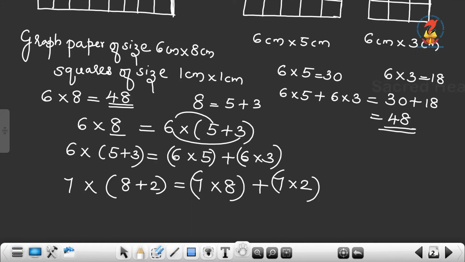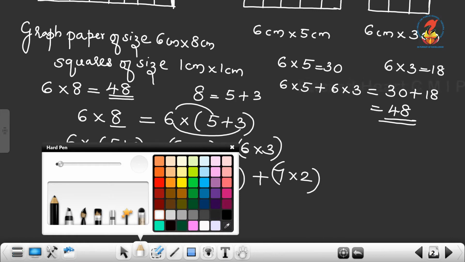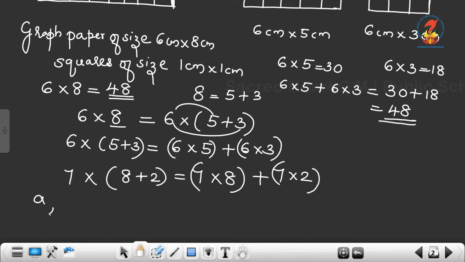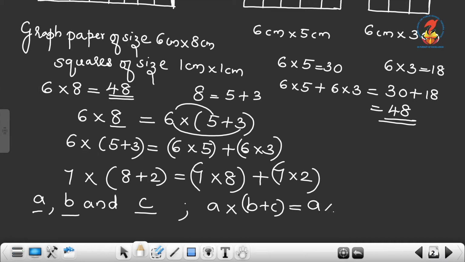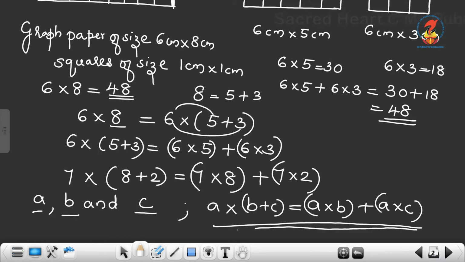So in general, if you take 3 whole numbers, say A, B and C. The whole numbers are represented by the letters A, B and C. Then A into (B plus C) is equal to A into B plus A into C. And this is known as the distributivity of multiplication over addition.